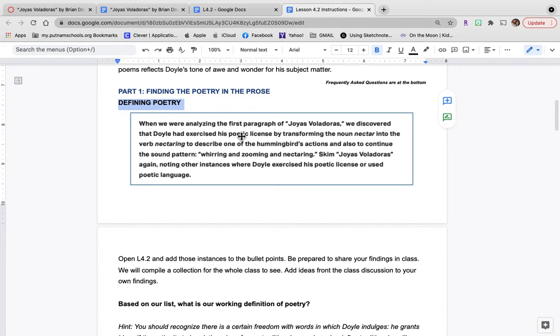So when we were analyzing the first paragraph of Joyous Veladorus, we discovered that Doyle had exercised his poetic license by transforming the noun nectar into the verb nectaring to describe one of the hummingbird's actions and also to continue the sound pattern, whirring and zooming and nectaring. So we're going to skim Joyous Veladorus again, noting other instances where Doyle exercised his poetic license or used poetic language. So this is where you're going to start in 4.2.